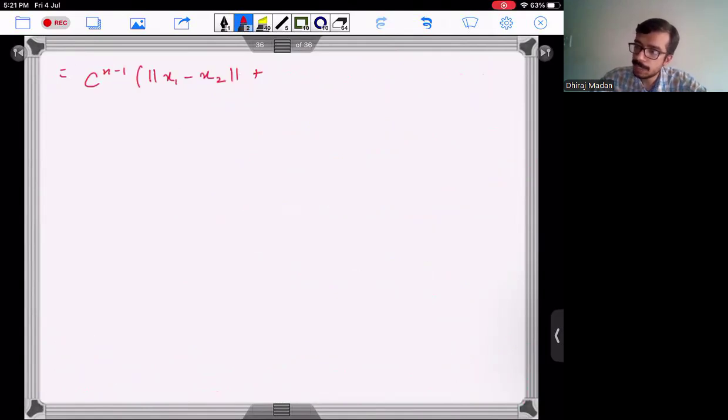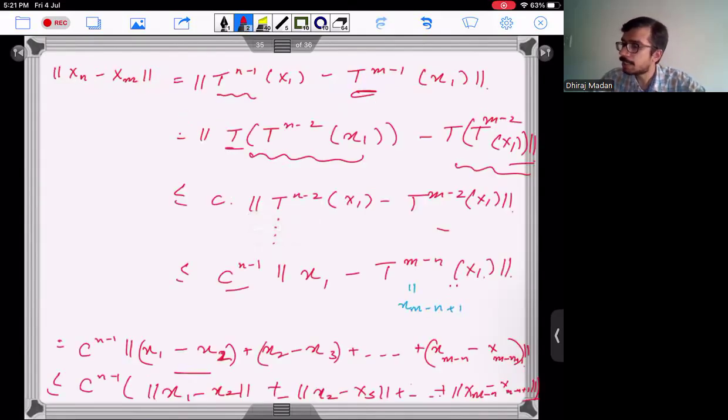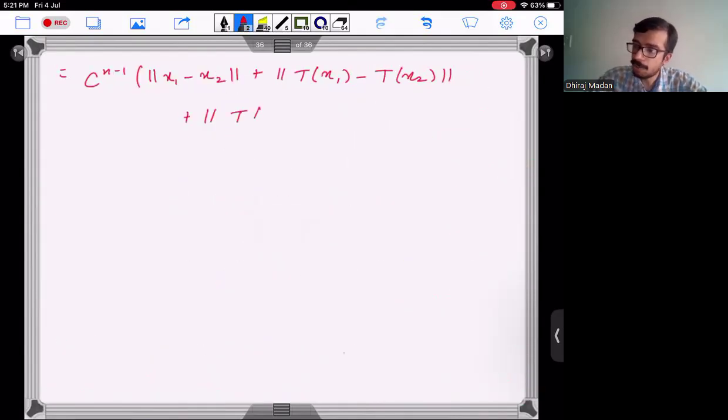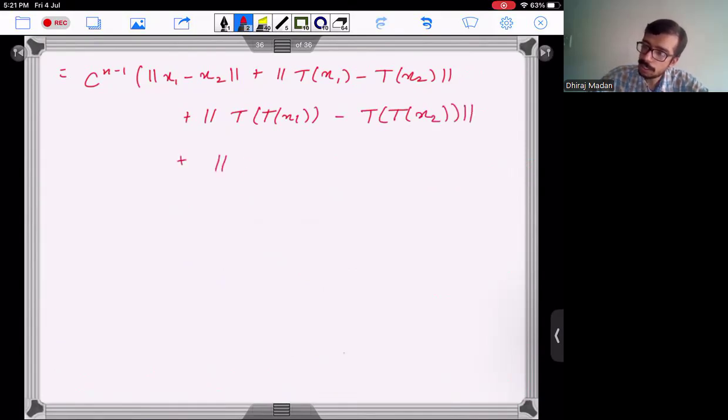Then x3 minus x4 will be T of x1 minus T of x2, and so on.